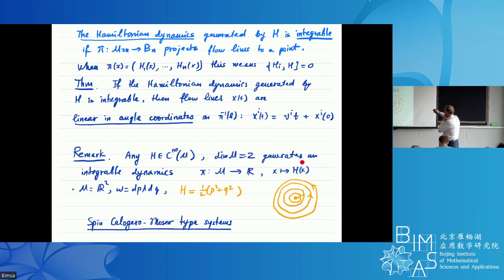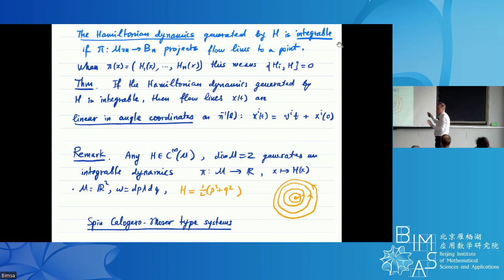Okay, so an immediate consequence of the Liouville theorem is that if the Hamiltonian dynamics is integrable in this sense, then flow lines are straight lines in the angle coordinates. And that's great news.